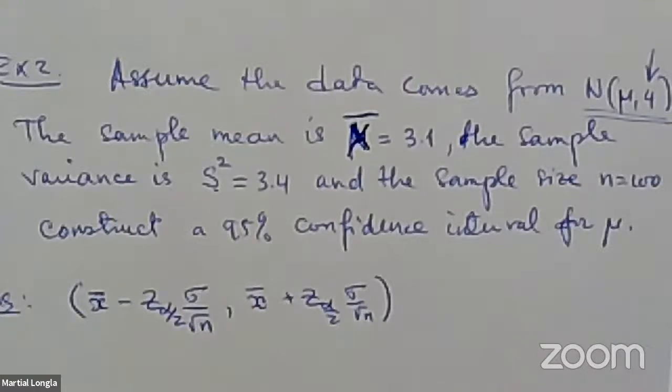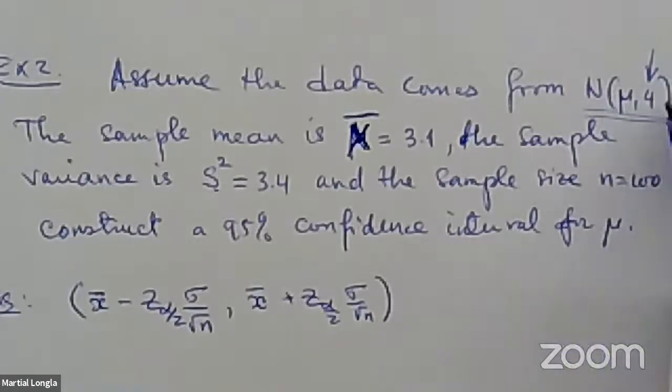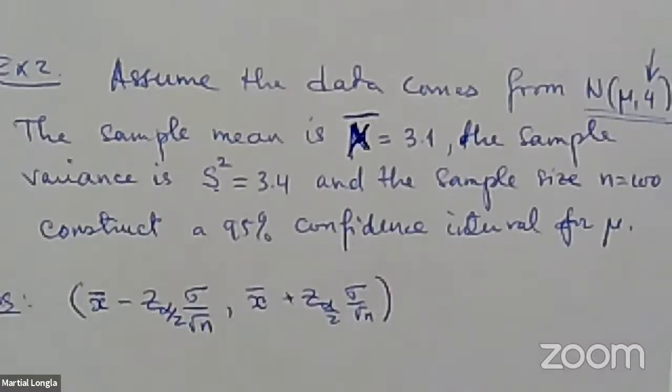When you have sigma, you have to use the formula with Z. Though the problem might still give you S squared, it's up to you, reading your problem, to say, hey, the problem said normal population and variance is known, so I got to use Z. If I don't use Z, I'm doing something wrong. So you're going to drop that S squared that is given.